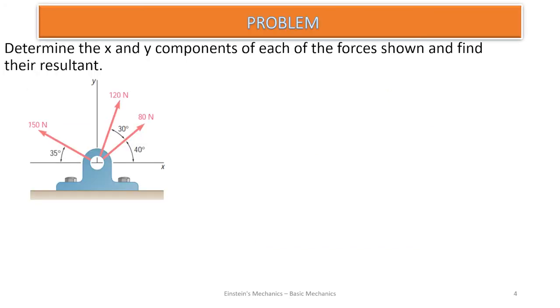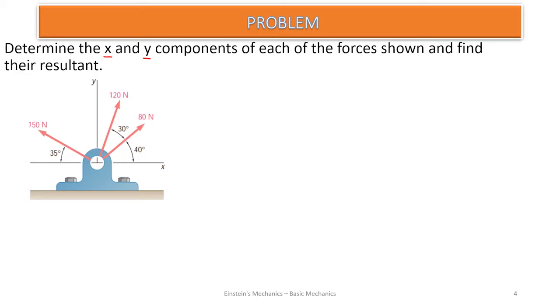This is the problem. Determine the x and y components of each of the forces shown and find their resultant. You are to determine the x and the y components of each of the forces shown and find their resultant.